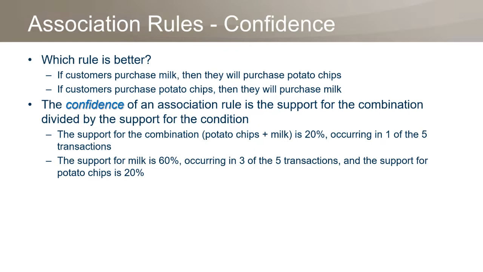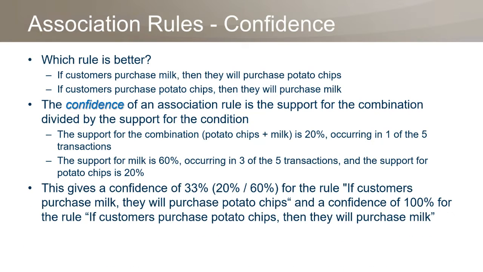But support for potato chips is also 0.2. So we have confidence of 0.33 for the rule if customers purchase milk, they will purchase potato chips, and confidence 1 for the opposite rule, if customers purchase potato chips, they will also purchase milk. So somehow we found the direction of these rules.